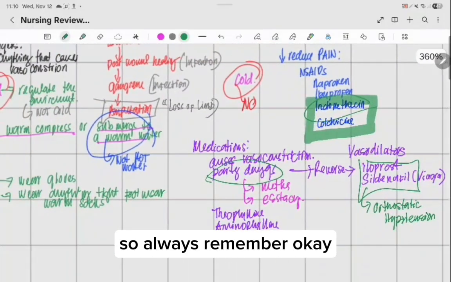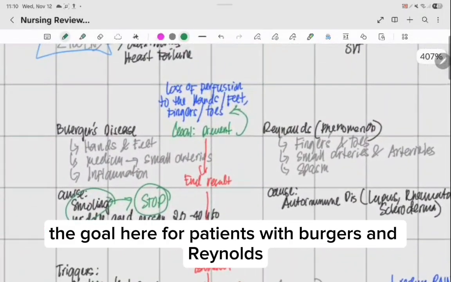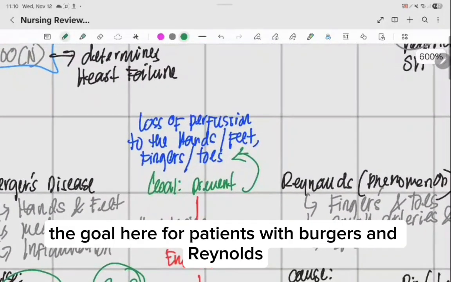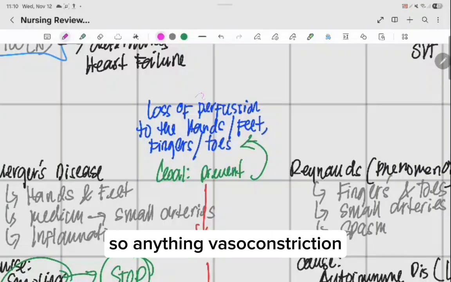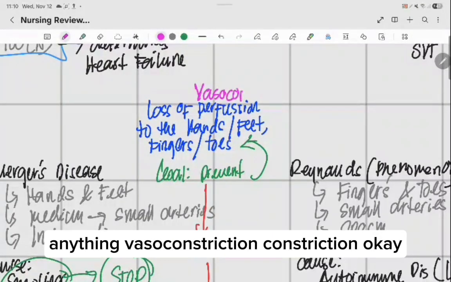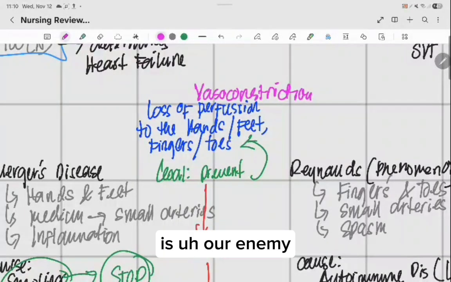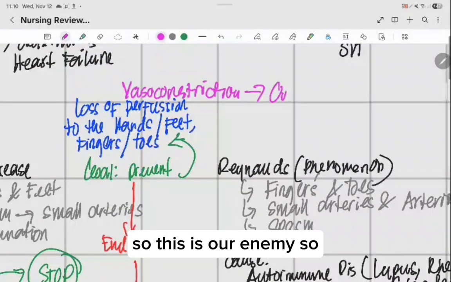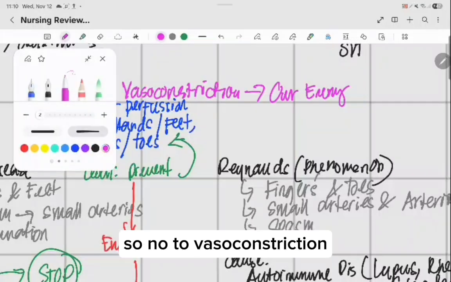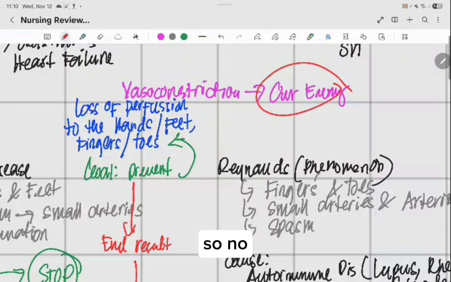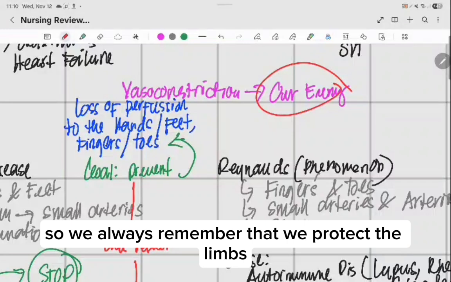So always remember, the goal here for patients with Buerger's and Raynaud's is again to prevent low perfusion. So anything vasoconstriction is our enemy. So no to vasoconstriction. So we always remember that.